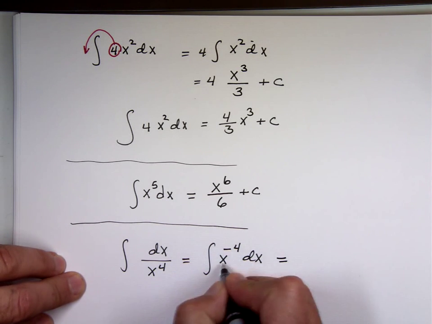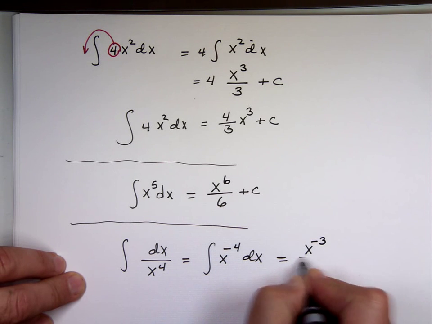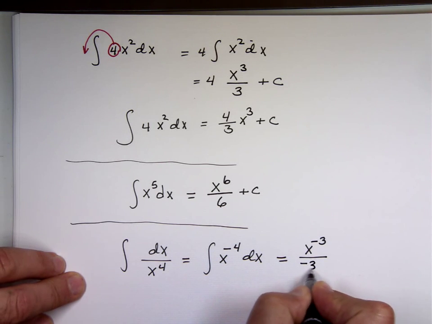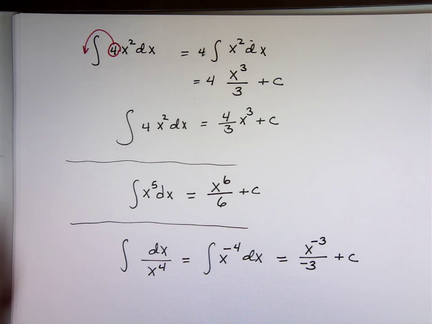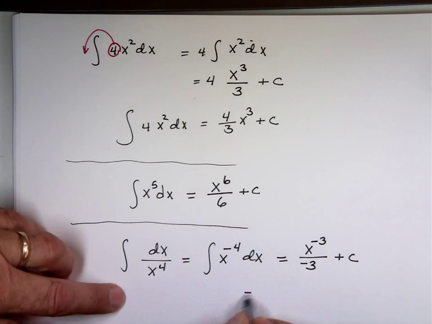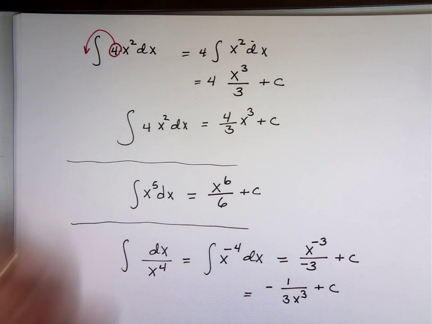When you add 1 to the power, it becomes x to the negative 3 divided by negative 3 plus the constant. You can clean it up if you want to. I can put the minus on the top or on the bottom. I'll put it on the front. Negative 1 over 3x cubed plus c.